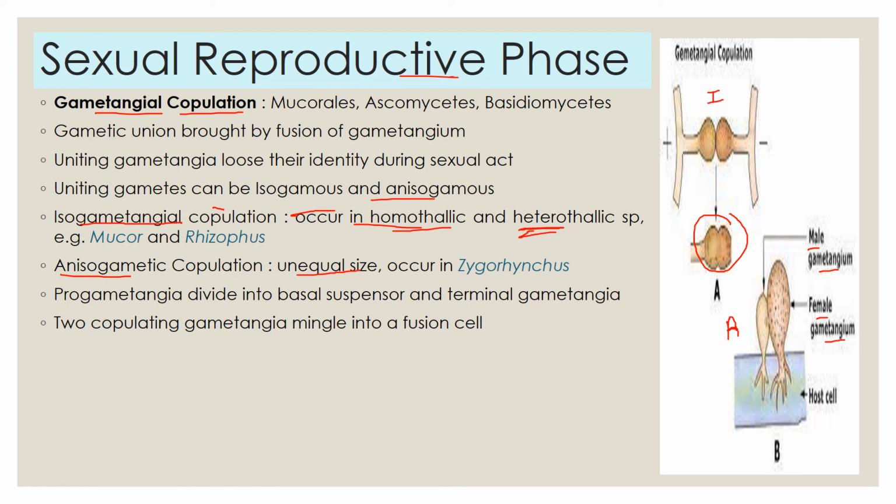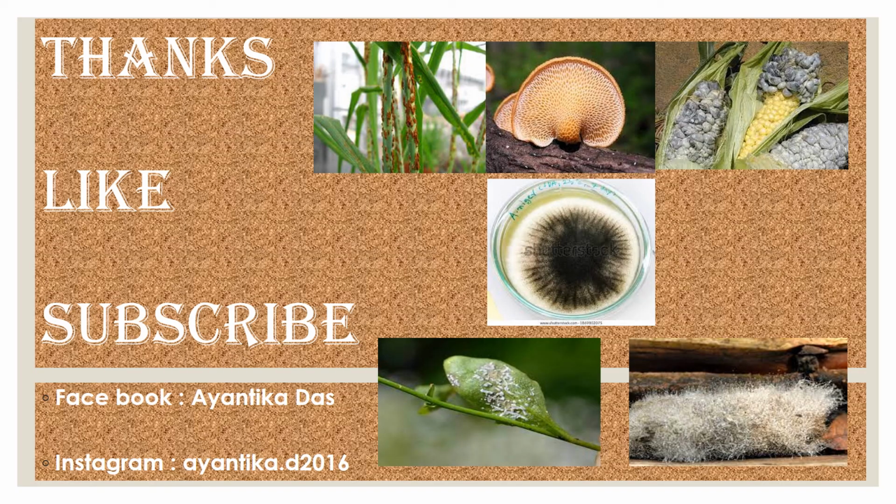We see that the two gametangia are of different size. So this was all about the reproduction, both asexual as well as sexual reproduction in fungi. This was an overview, and I will be discussing each and every aspect, that is the phycomycetes, basidiomycetes, ascomycetes and the fungi imperfecti, in detail, each type of reproduction.